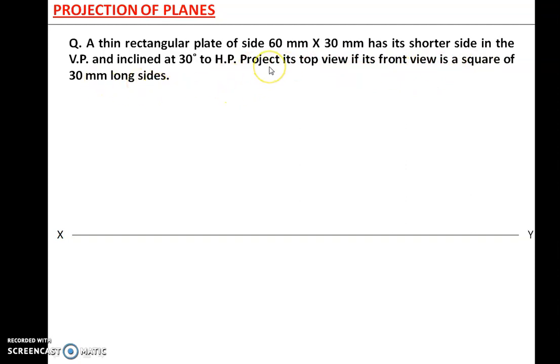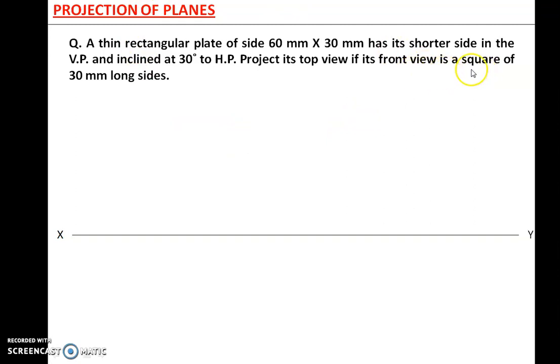Now whenever you will come across such problems in which it is said that a plane is given and the front view is this. So here the plane is given as a rectangular plane, front view is given as a square, or it may be the other way also. Plane is given as a rectangular plate, top view is seen as a square.